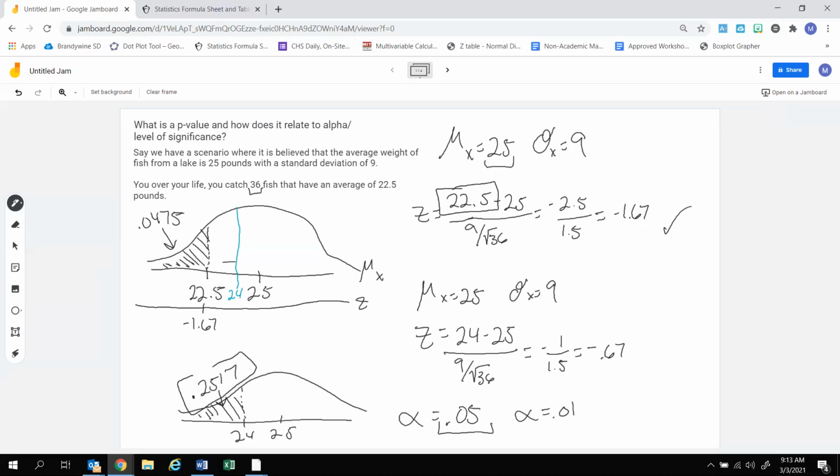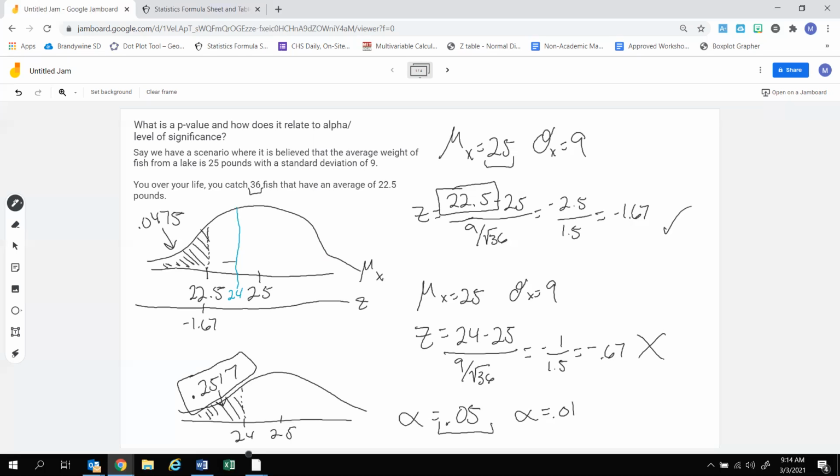Theirs is much closer to the mean, and they have a p-value of 0.2517. That is not enough evidence. That is not far enough away from the mean. Because remember, his 24 is much closer to the mean than your 22.5. So in this case, if you only have a sample average of 24, that is not enough evidence to claim that 25 is not the average.